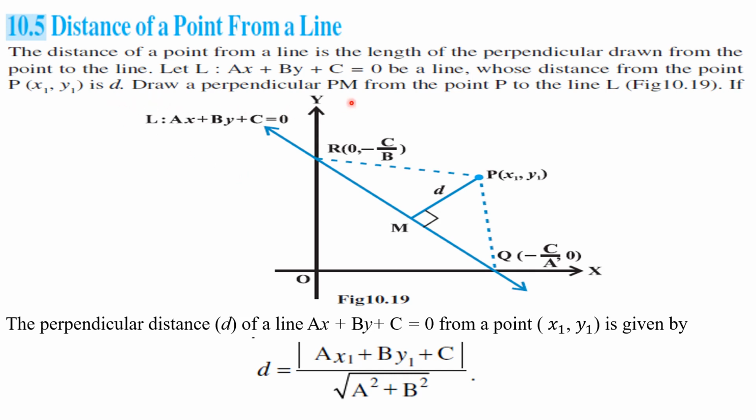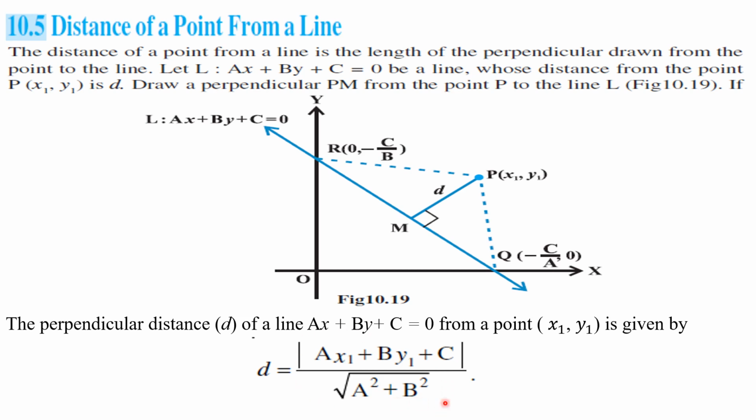Draw a perpendicular PM from the point P to the line L. Observe this figure, my children, 10.19. Then the perpendicular distance d of the line ax plus by plus c is equal to 0 from the point P(x1, y1) is given by d is equal to modulus of ax1 plus by1 plus c by root of a square plus b square.